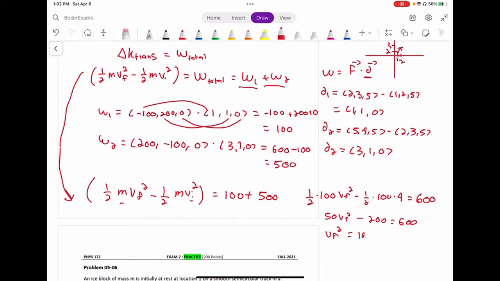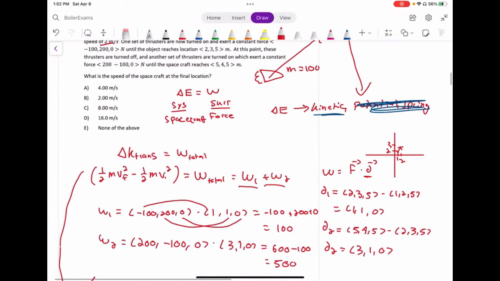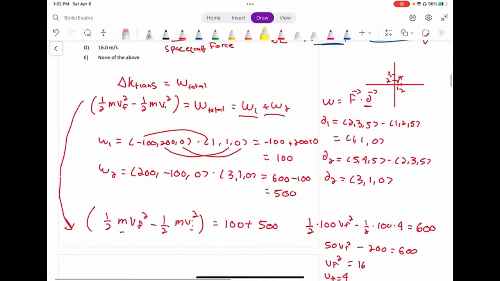Okay, I can't think right now. It's 16. Okay, and then vf equals 4. So we got a final velocity of 4 meters per second, and that looks good. All right.